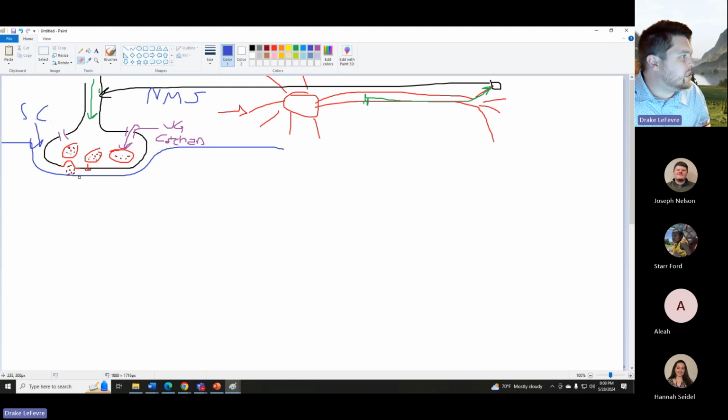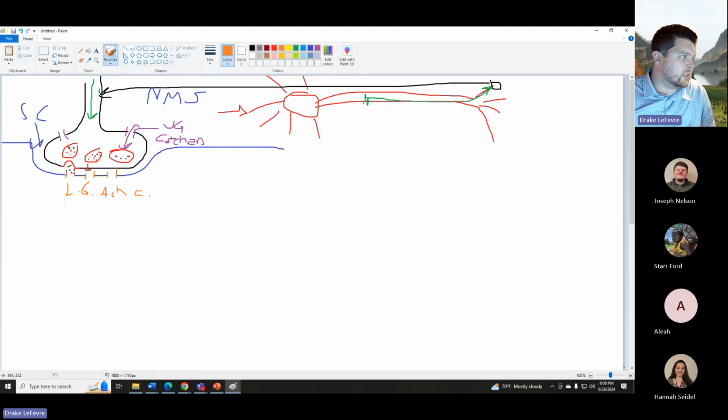When it gets released into this space, across that cleft, there are a bunch of channels waiting to accept it. These channels are our ligand-gated acetylcholine channels.